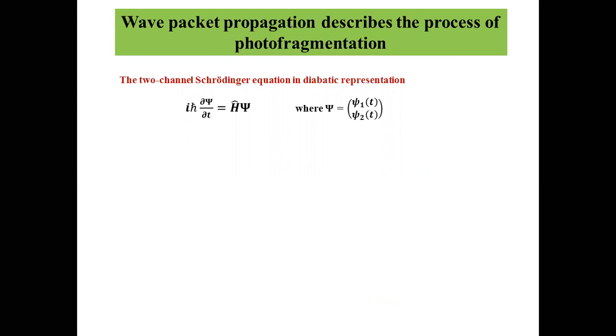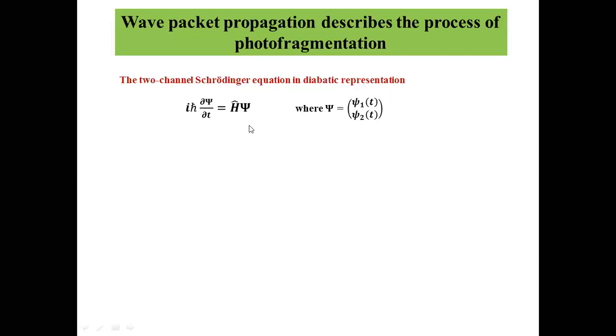Diabatic means, very crudely, that in this basis, psi1 is the ground state electronic wave function and psi2 is the excited state electronic wave function. We are doing the diabatic representation in the sense that the kinetic energy operator is diagonal. I'll write the expression in the next line, and the potential energy is not diagonal, right?